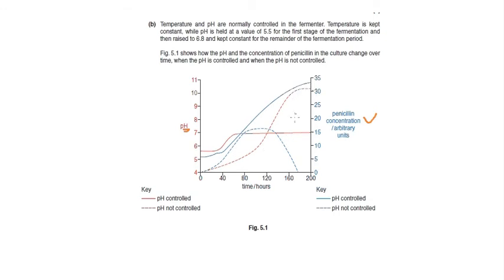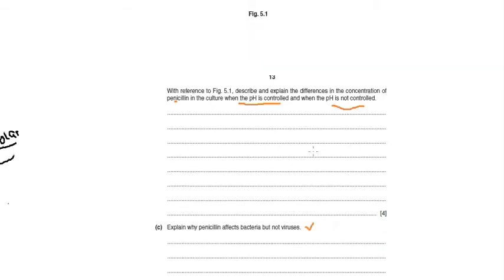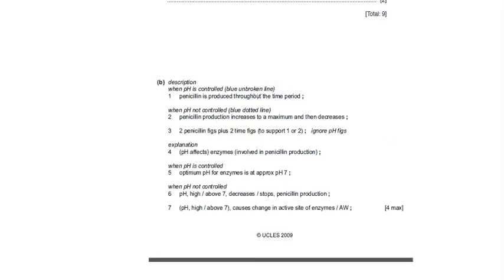Let's first finish this question. Penicillin is produced throughout the time period when pH is controlled. When pH is not controlled, penicillin production increases to a maximum and then decreases. So two penicillin figures plus two times figures.